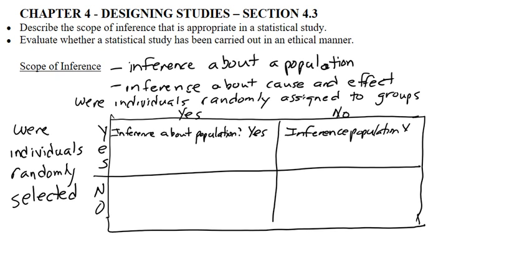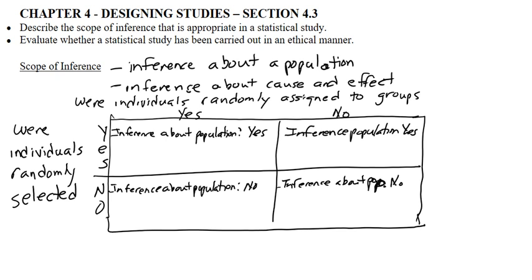Okay? And if they were not randomly selected from the population, then we cannot infer about the population. That's a no. Okay.